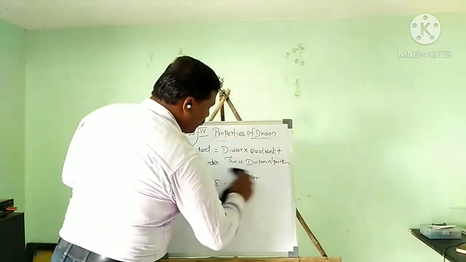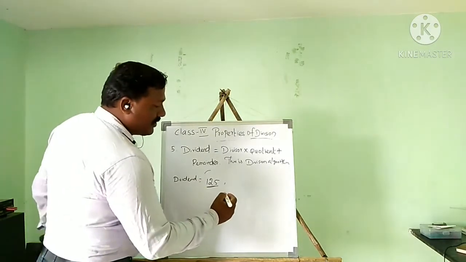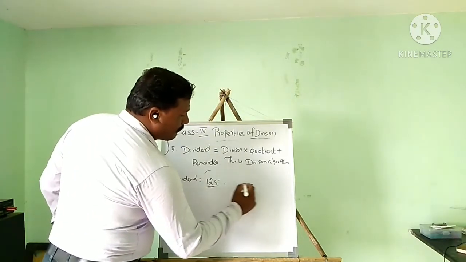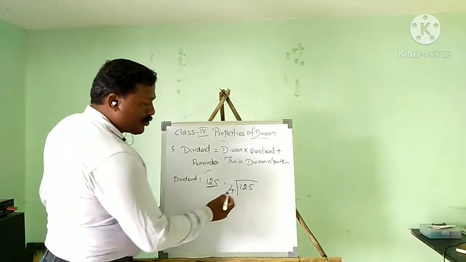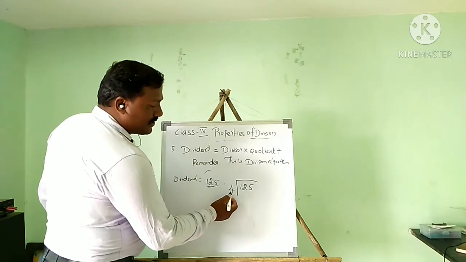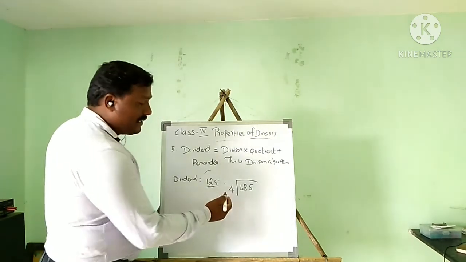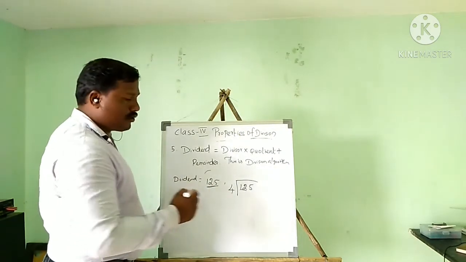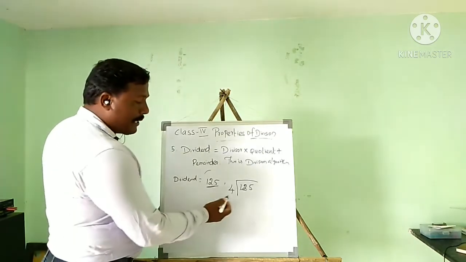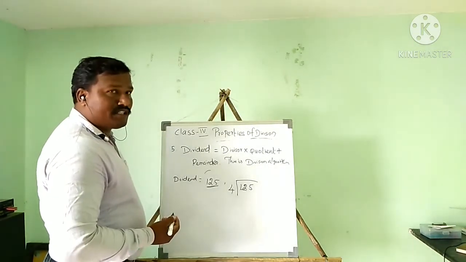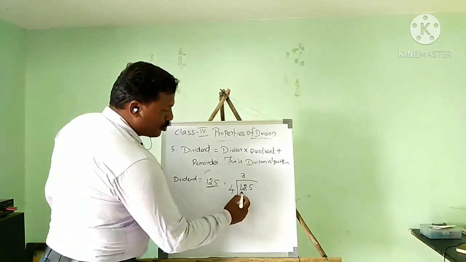Now I will do this division sum, 125 divided by 4. You know very well how to do it. Divisor is 4. First of all, I check the bigger number against the divisor. 4 is one digit, and here 12 is bigger than the divisor 4, so I will take 2 digits first. If you say the 4 table up to 12: 1 4 is 4, 2 4s are 8, 3 4s are 12. So 3 4s are 12.